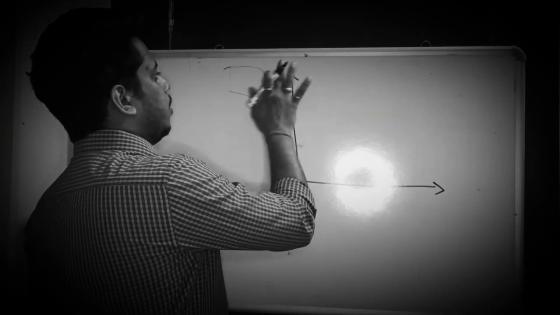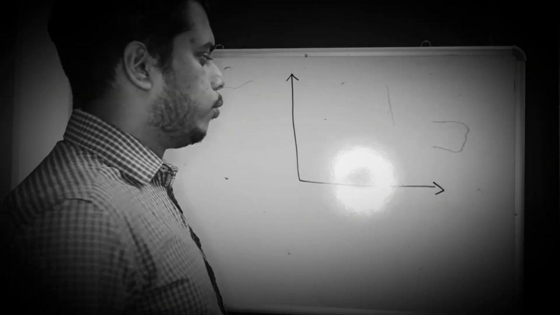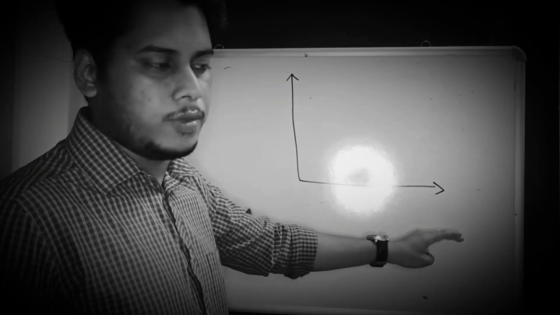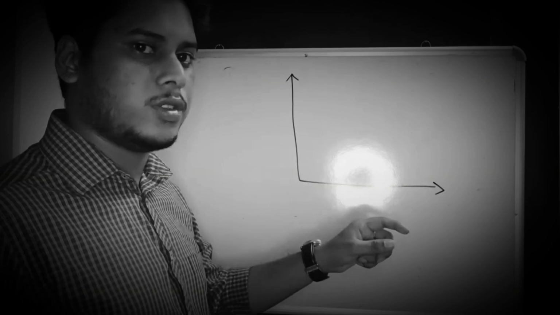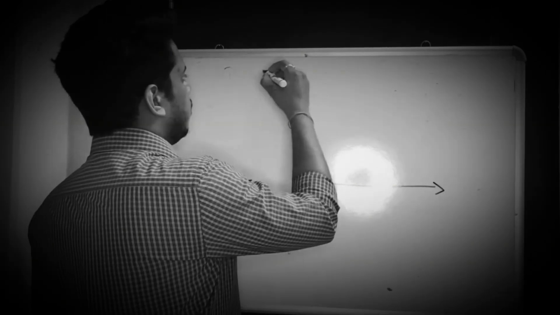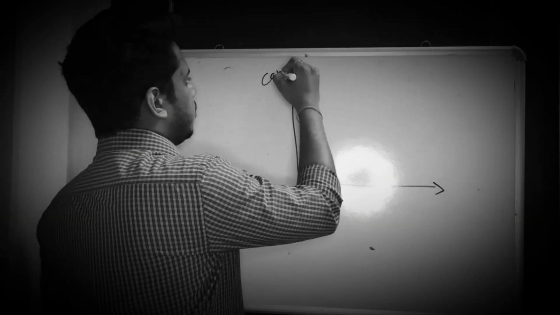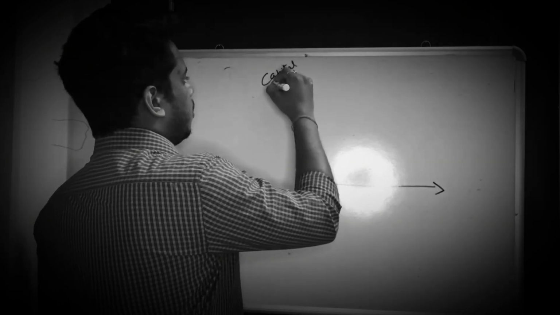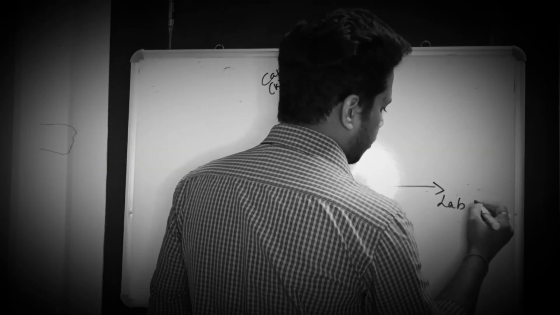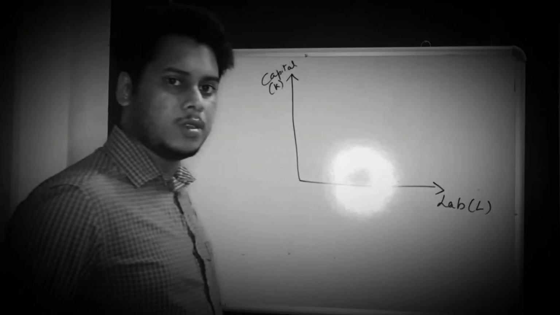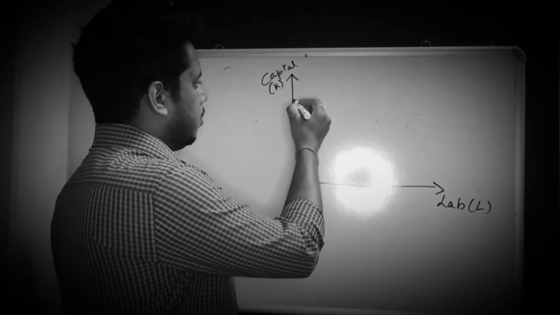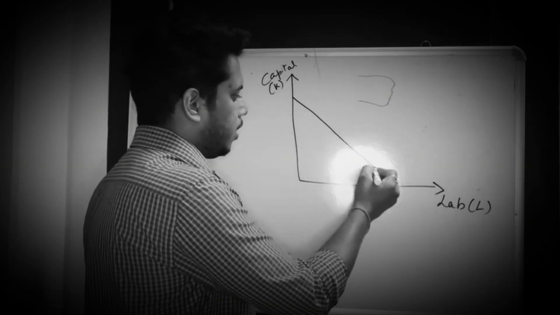It looks something like this. In case of a budget line we have good x and good y, but in case of an isocost line we will have two inputs, say capital denoted by K and labor denoted by L. And it looks something like this.